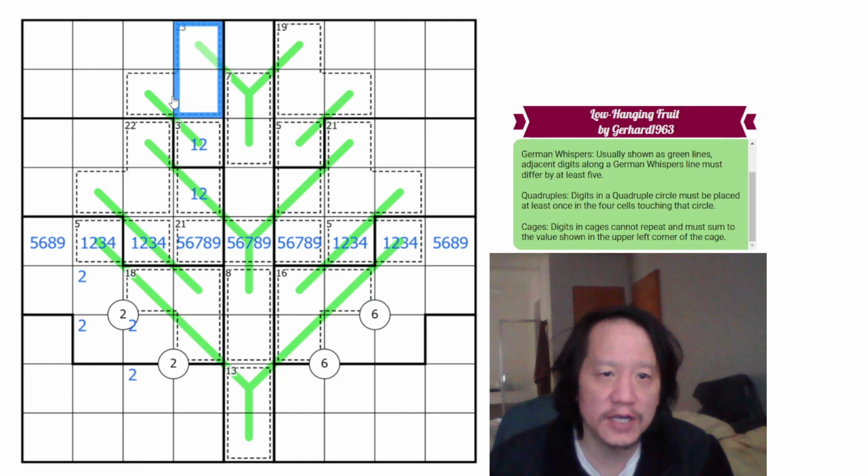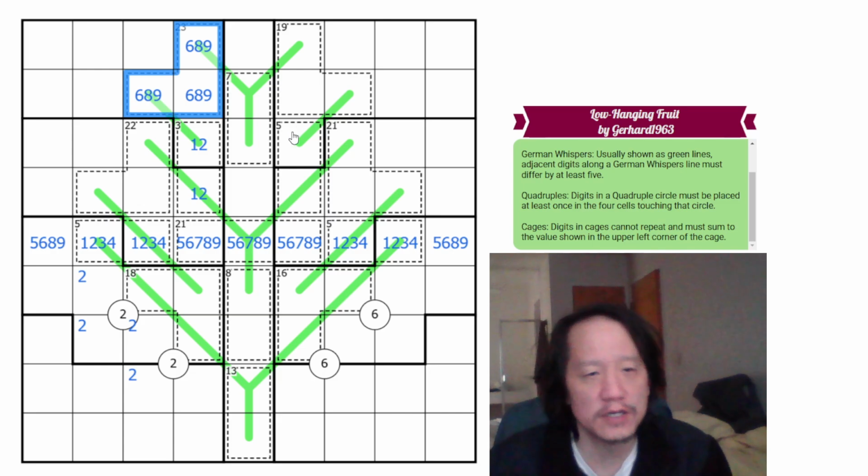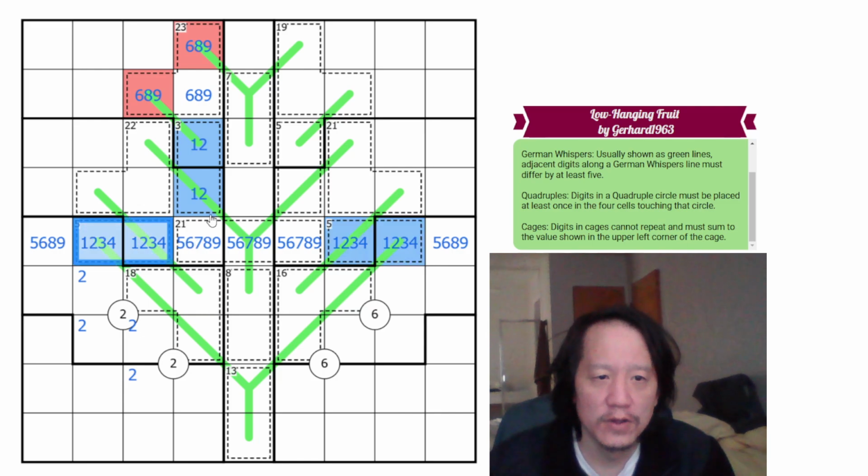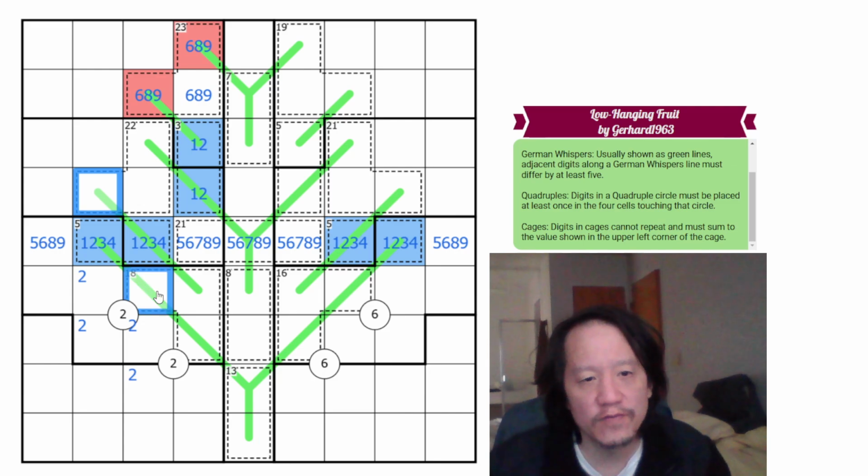You have 3 digits adding up to 23, so it must be 6, 8, and 9. Therefore, we know, first of all, these are high. These are high. These 2 are low. These are low. These are low. Therefore, on German whisper lines, you always alternate between highs and lows, right?